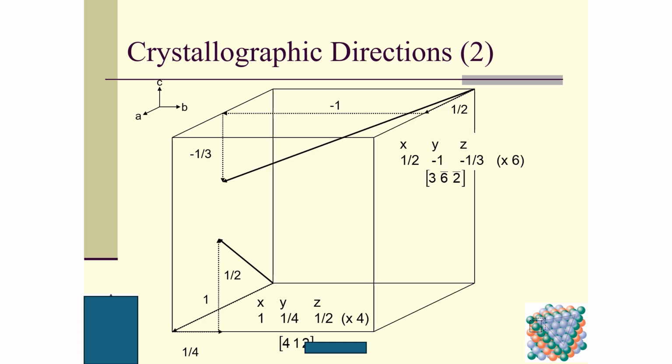Y is going down now, in the negative direction, so -1, and z is also going down, -1/3. Then we multiply all these numbers by 6. We can have 3, 6 bar, 2 bar. And the one thing you need to remember: if the direction goes in the opposite direction of any A, B, or C, you need to denote it as negative.